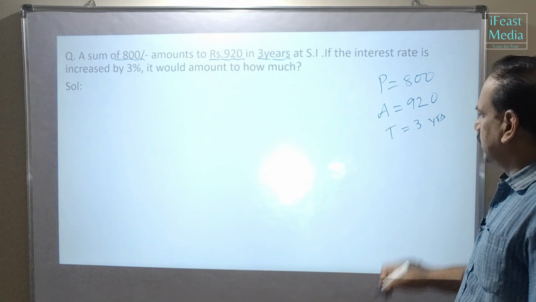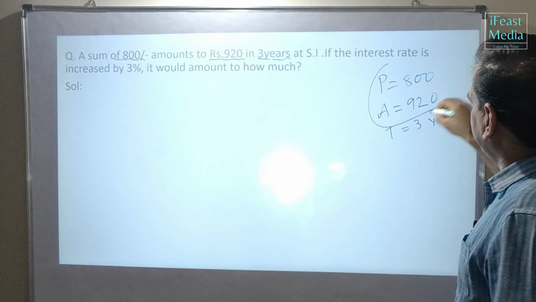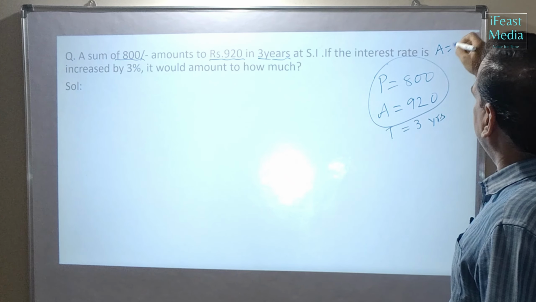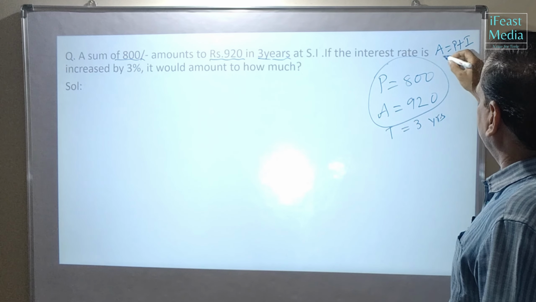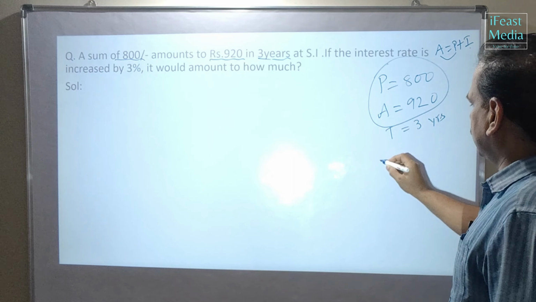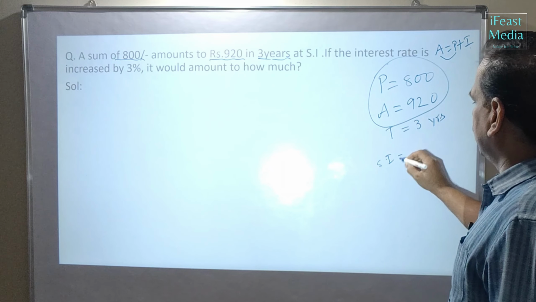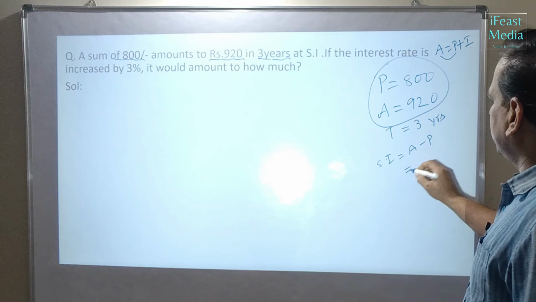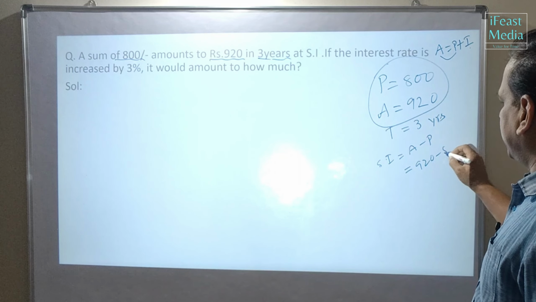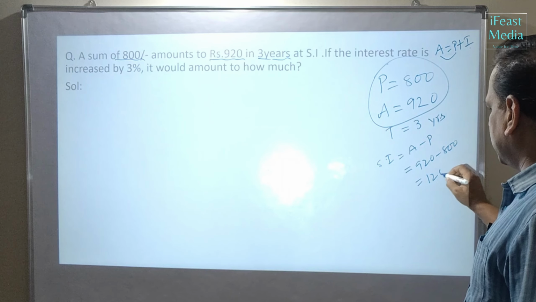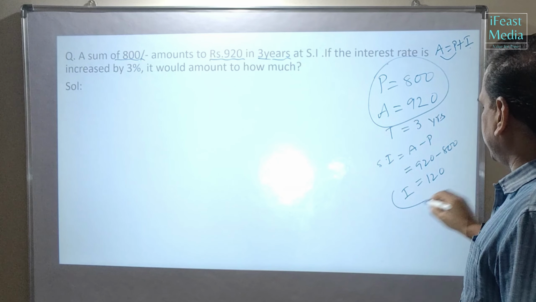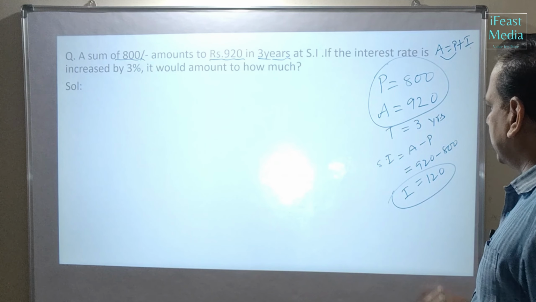Time is 3 years. So what is the amount minus principal? Amount equal to principal plus interest. So amount minus principal is interest. So simple interest is amount minus principal, which is 920 minus 800, which is 120. So interest is 120, right?